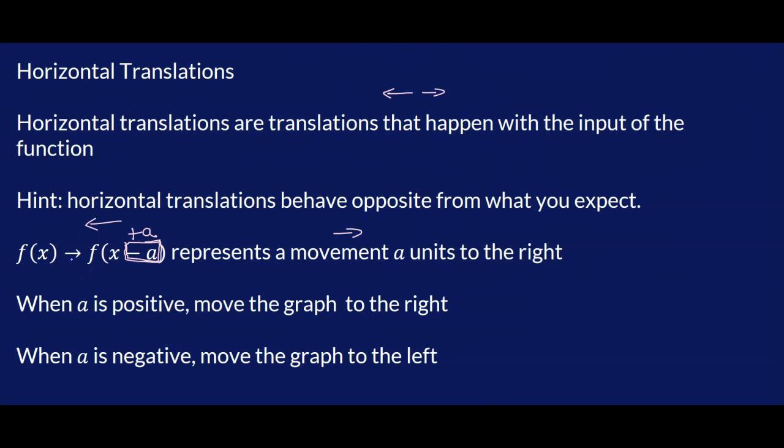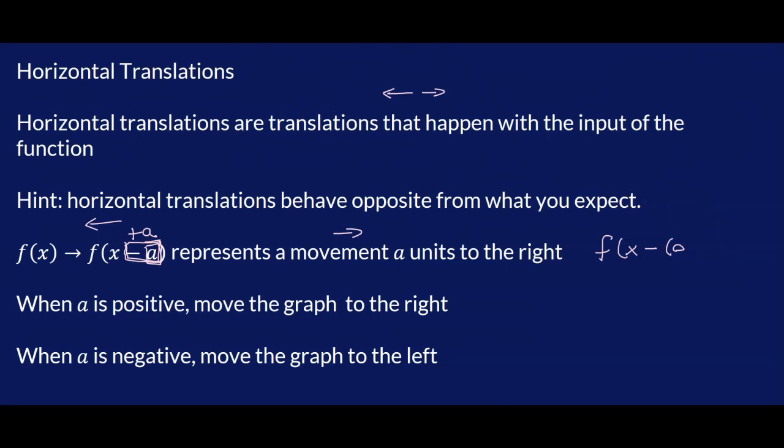But now, when we look at this expression, f of x to f of x minus a, we're actually just focusing on the value of a. If a is positive, then we go to the right. But if a is negative, which is going to be something that looks like this, f of x minus, and then we have negative a.